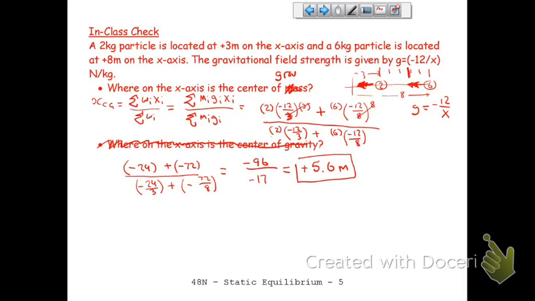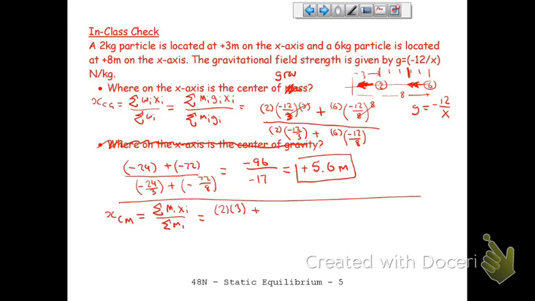5.6. Let's just compare it with our centre of mass. So our x centre of mass is equal to the sum of m_i x_i over the sum of m_i, which, looking at my diagram again, is 2 times 3 added to 6 times 8, over 2 plus 6.